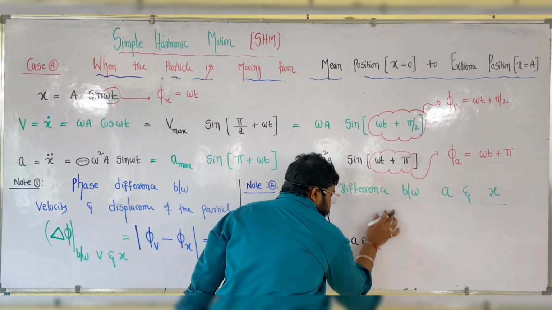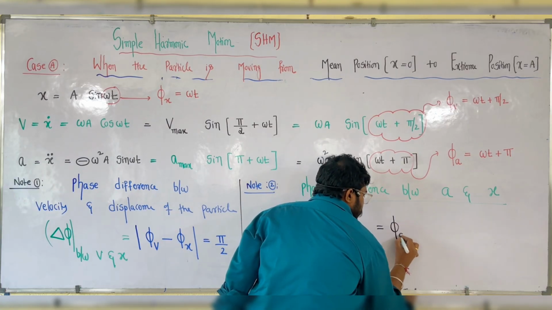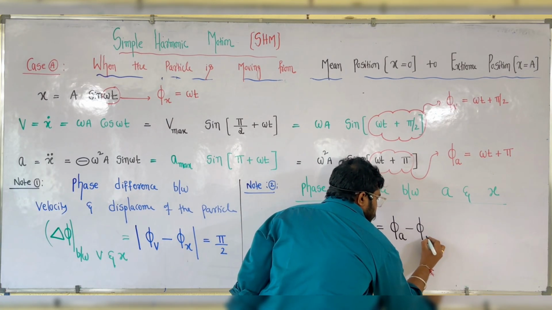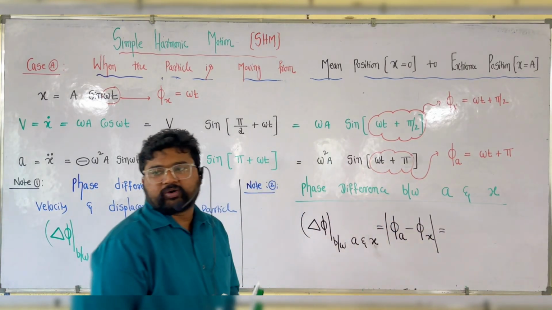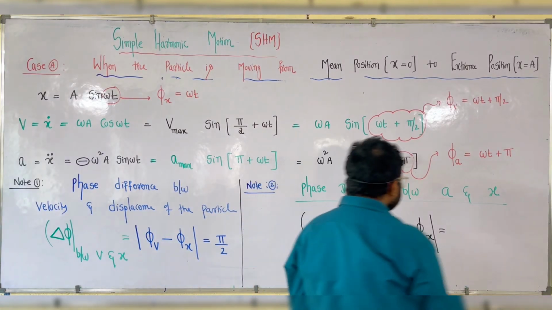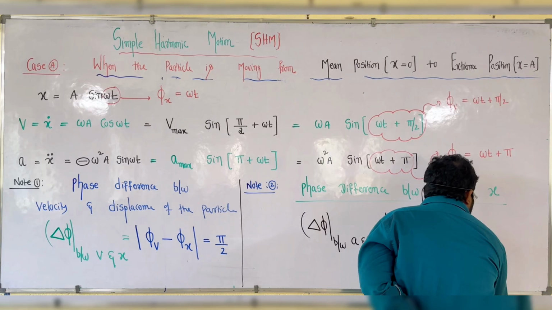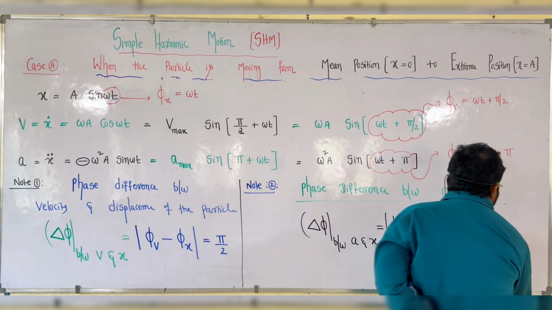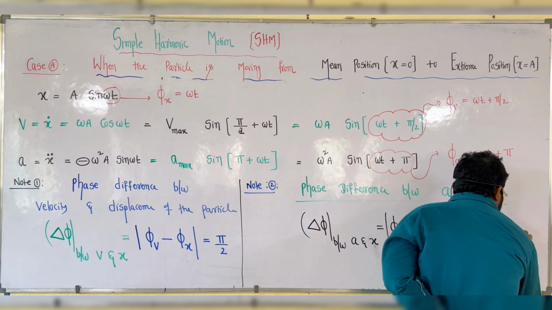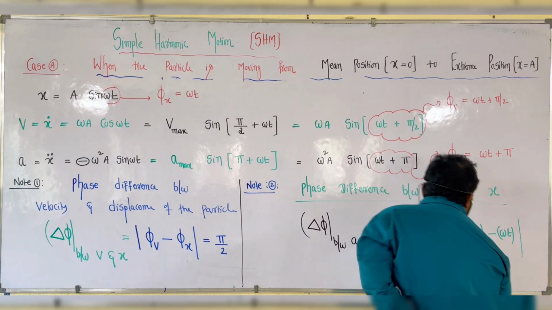Phase of acceleration minus phase of displacement. That equals to how much? Omega t plus pi minus omega t. Then we can write it as pi. This is pi.